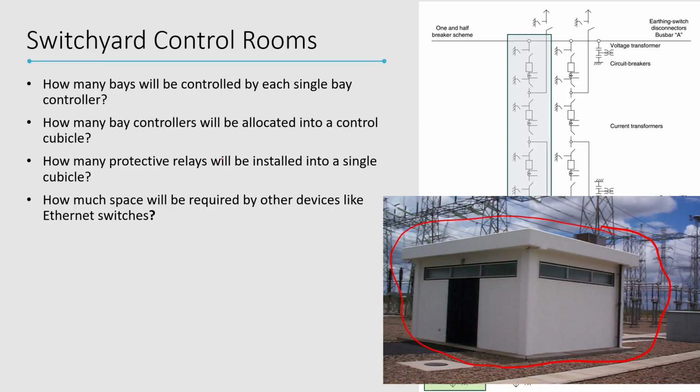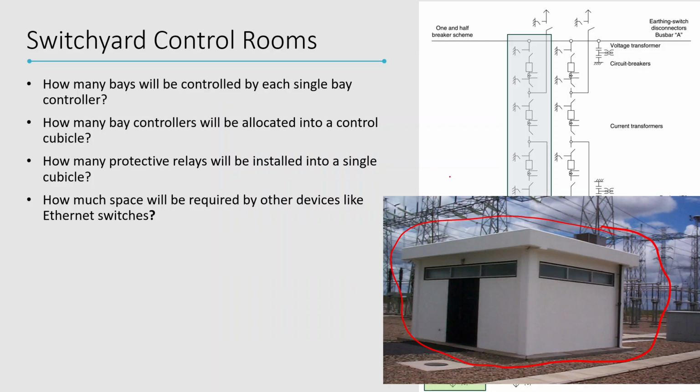How much space will be required by other devices like Ethernet switches? They all depend on the configuration of the substation and the switchyard control room. So the designer has the freedom to decide how many bays to allocate to each control room and so on.